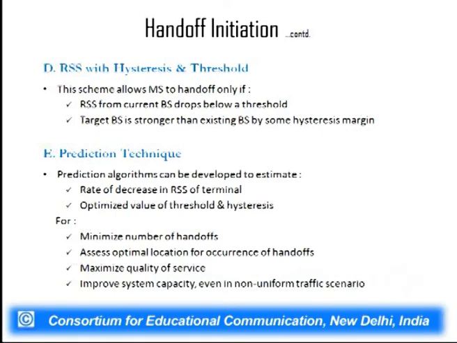Okay. Now together this will help in minimizing the number of handoffs. Obviously the handoffs will get minimized a lot, thereby increasing the services imparted by that particular network, and it will assess the optimal location for the occurrence of handoff on the basis of prior information of other mobile devices in that location at some hour of a day, etc. It can make an estimation of the possible locations where chances of handoff tend to be high and where they tend to be low.